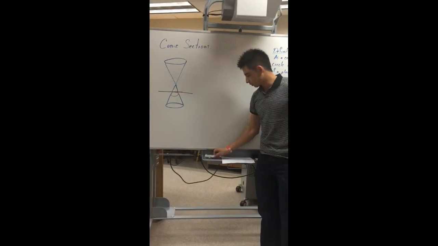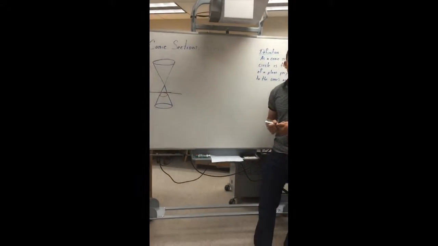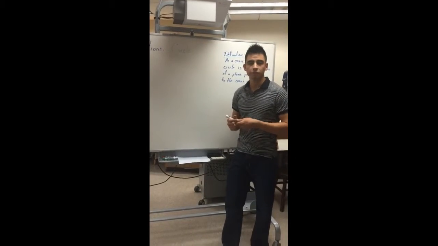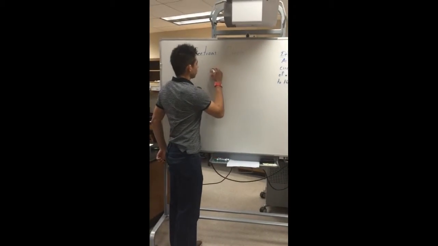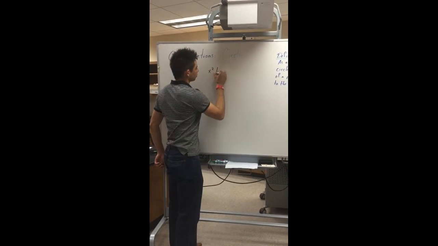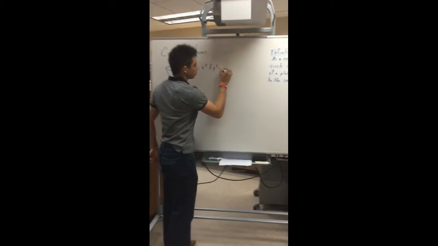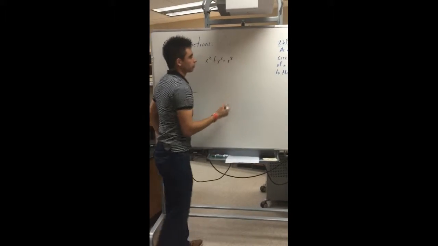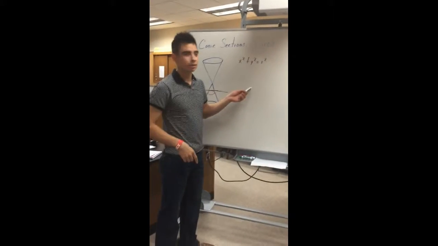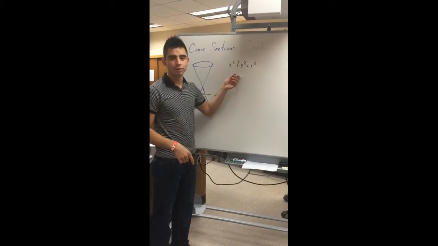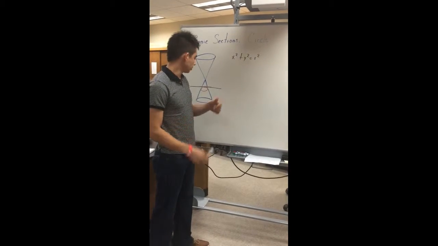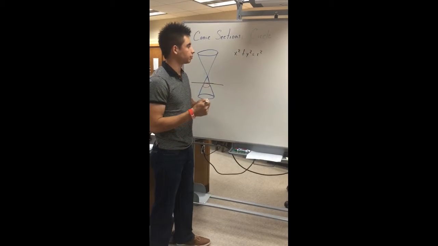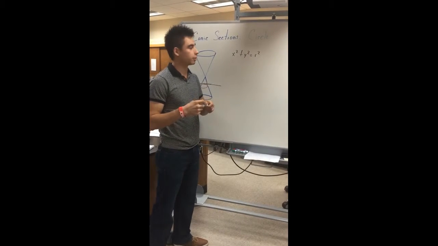After we form a circle, there's an equation, which is x squared plus y squared equals r squared. This will indicate that the center of the circle is at the origin.